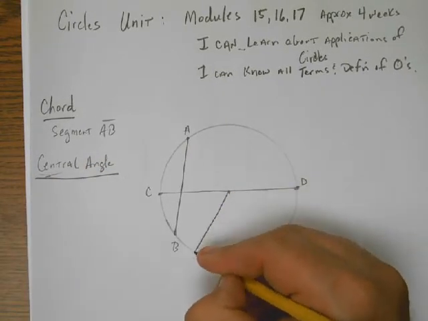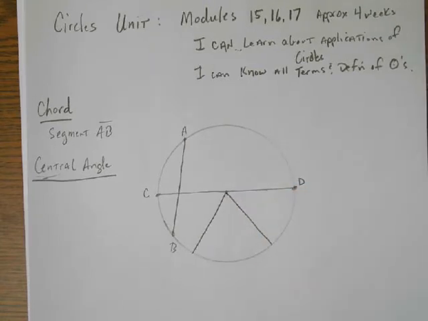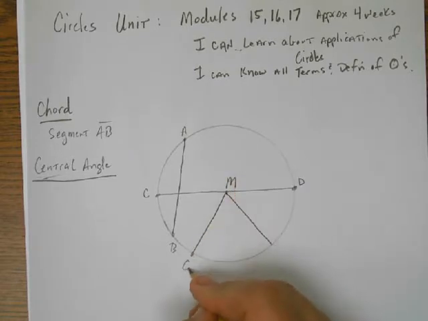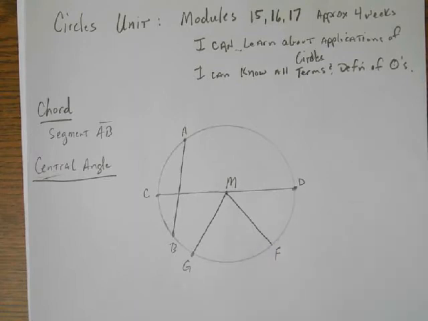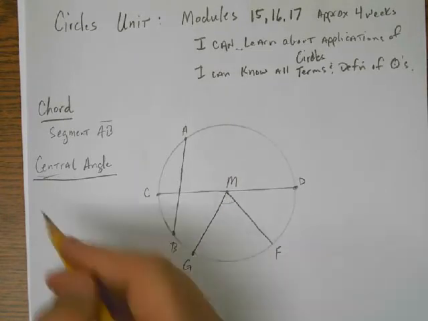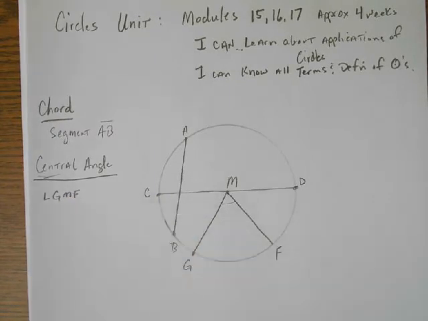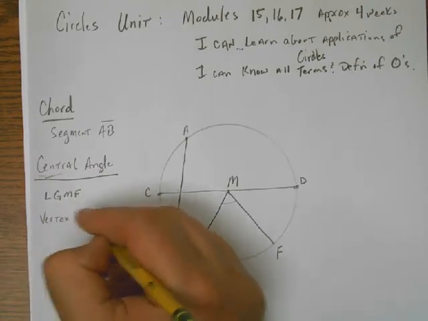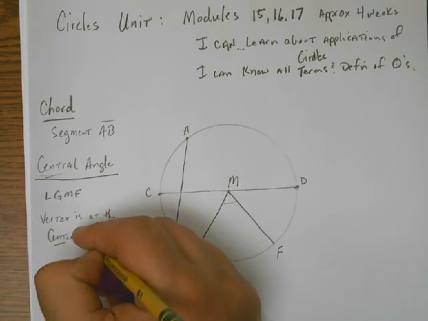Let's call the center of the circle M. We'll go G, M, F. So this angle right here, angle GMF, is considered a central angle because its vertex is at the center of the circle.